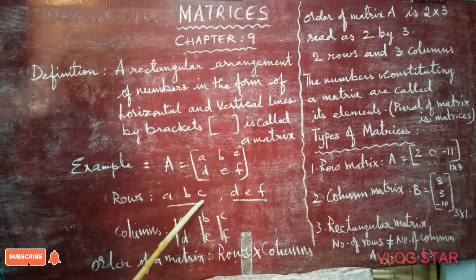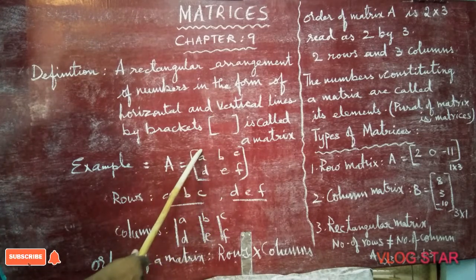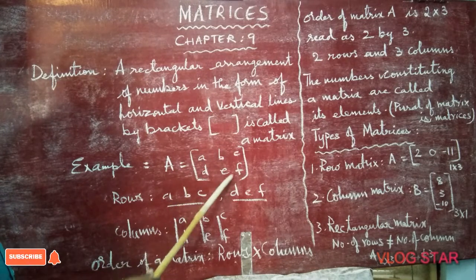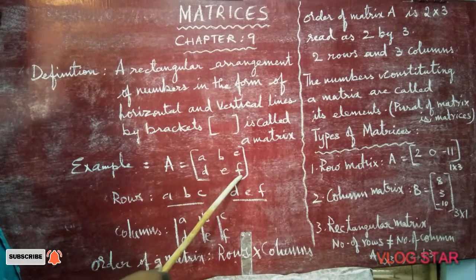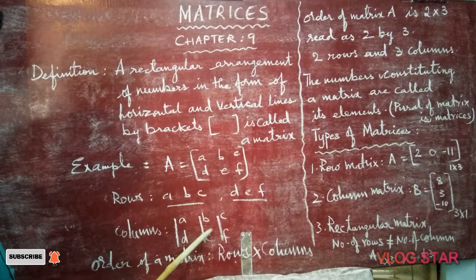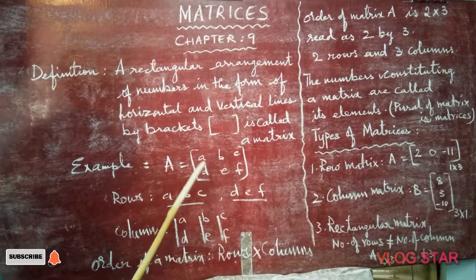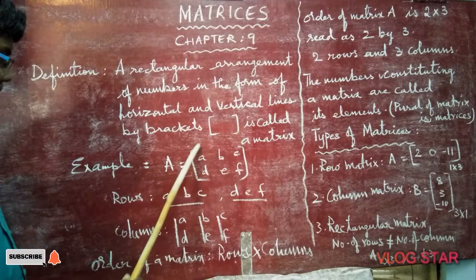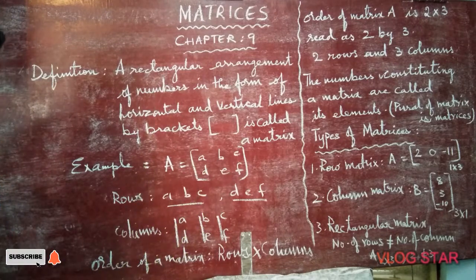A, B, C, and the second row is D, E, F. And these vertical lines are called columns: A D, B E, C F. Three columns are there. Two rows are there and three columns are there.